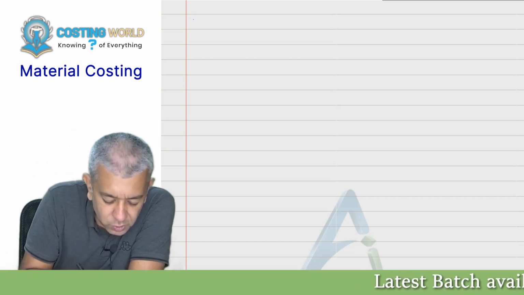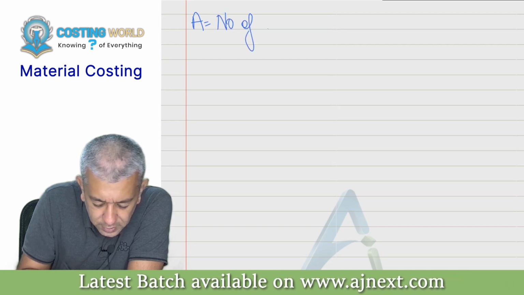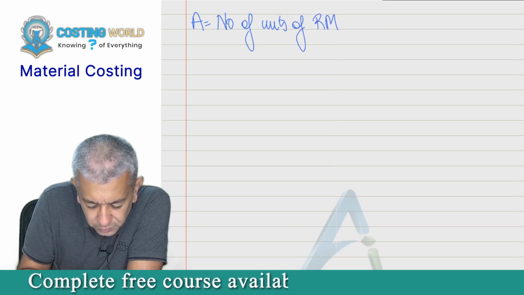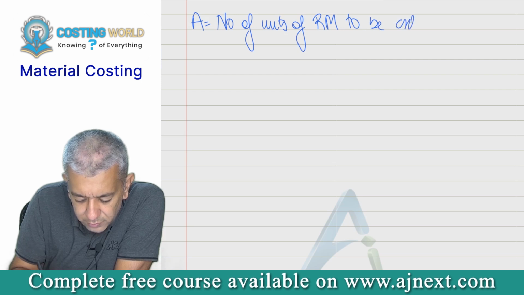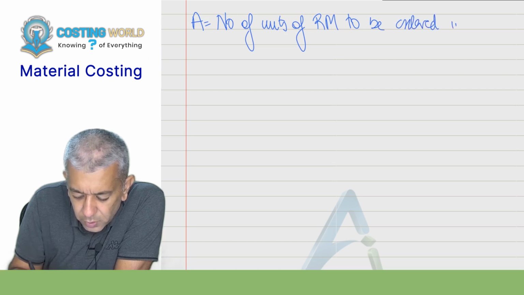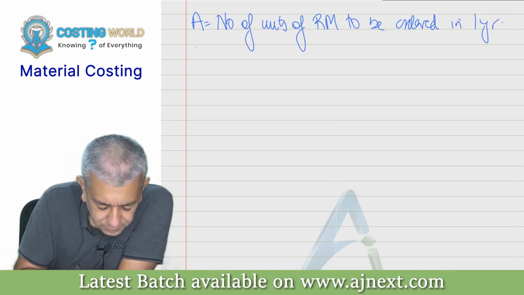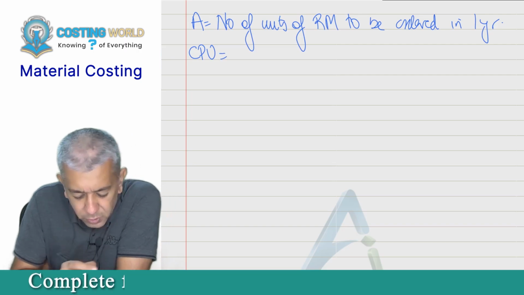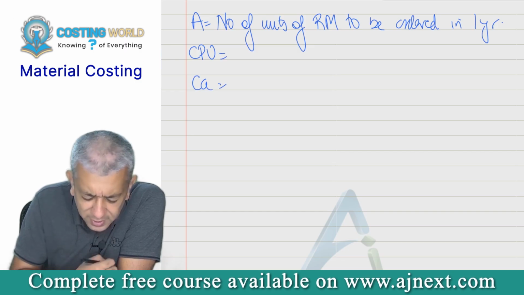Okay, so write down over here A, number of units of raw material to be ordered in 1 year. Leave one line, CPU. CPU, that's okay. That is a standard symbol used everywhere.